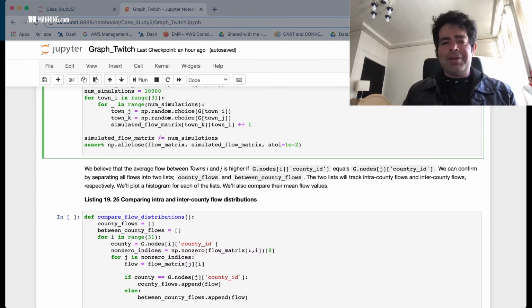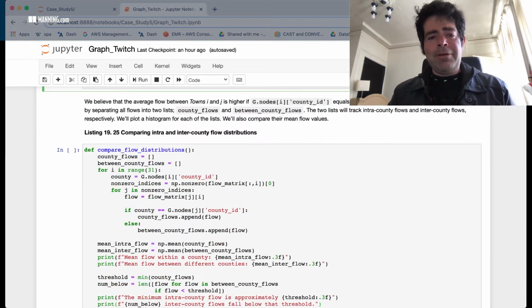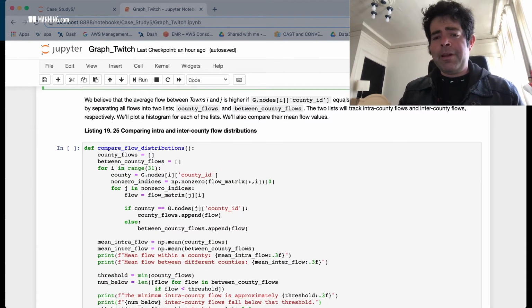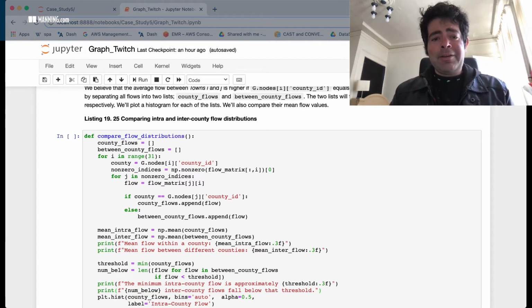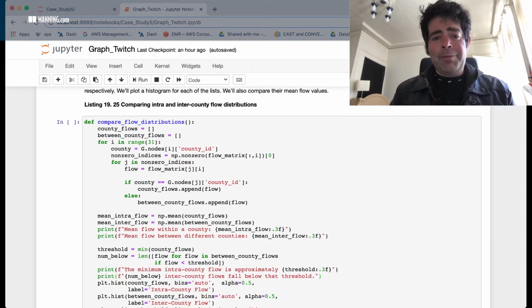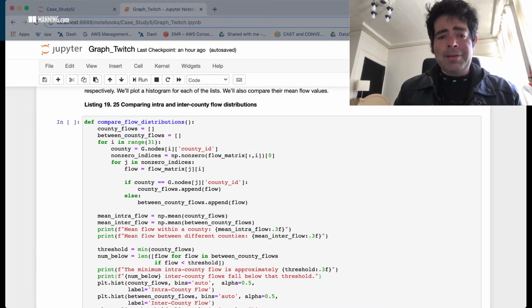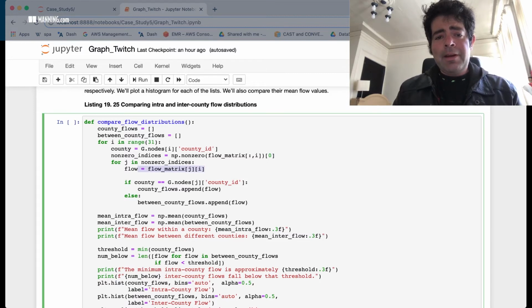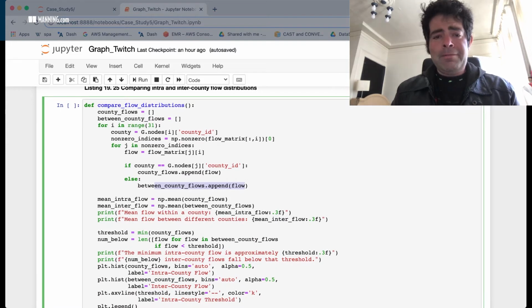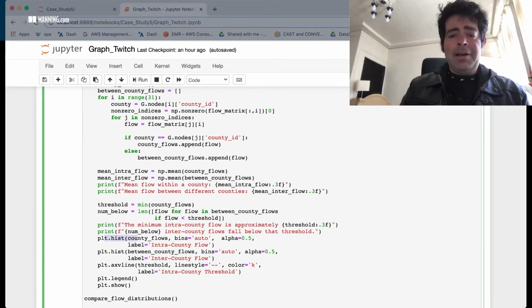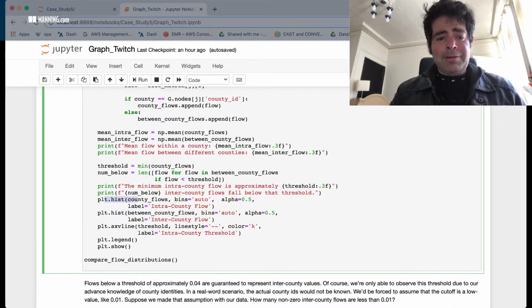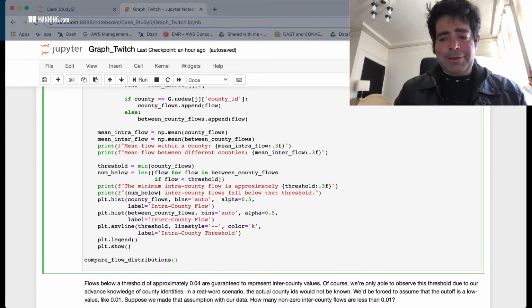We're going to test this assertion using this bit of code, and it looks like a lot, but really all I'm doing is computing two histograms. One histogram corresponds to the flow between all pairs of towns that are in the same county, and one histogram between all pairs of towns that are in different counties. Then I'm going to visualize these using Matplotlib's hist method, as well as outputting some statistics of the differences between histograms.